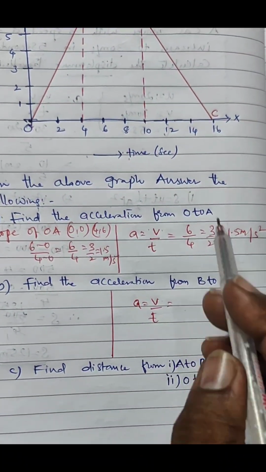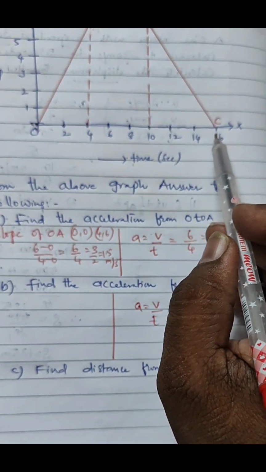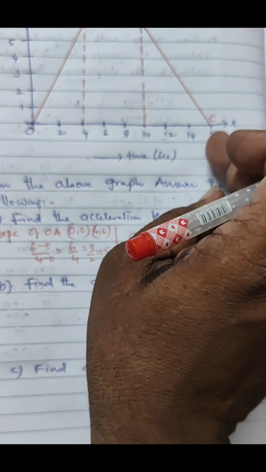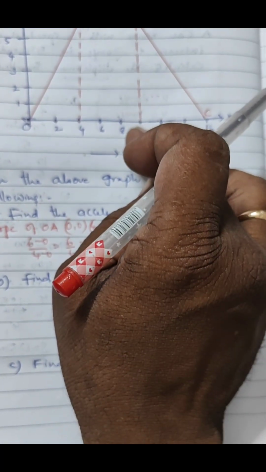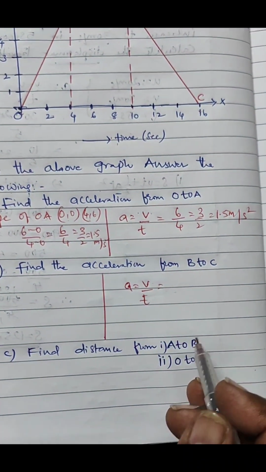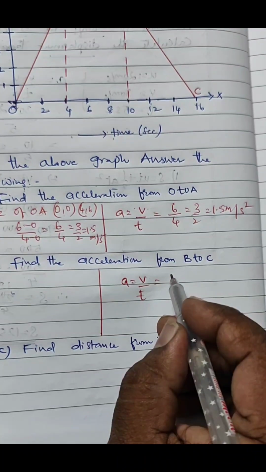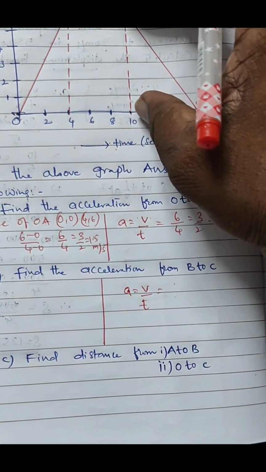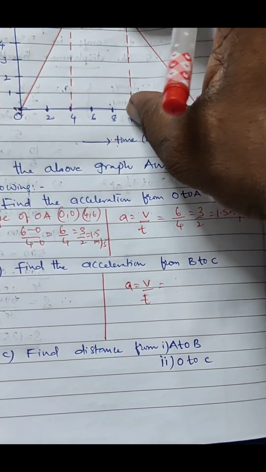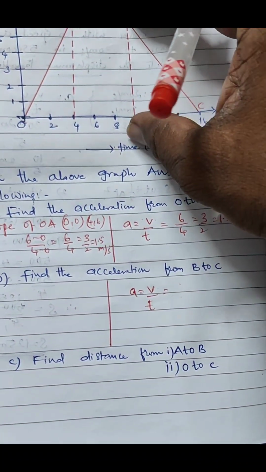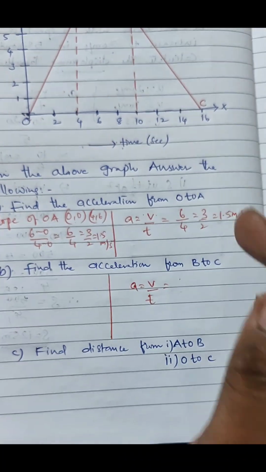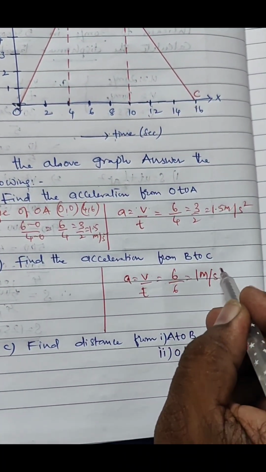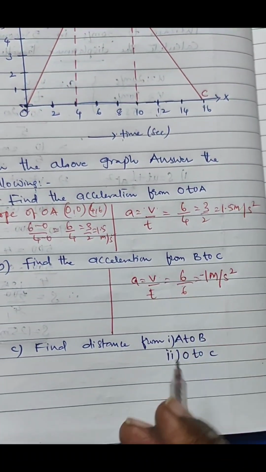So for B to C, the velocity is 6 and the time is 16 minus 10, which is also 6. So 6 by 6 equals 1 meter per second square, which is negative because it is retardation.